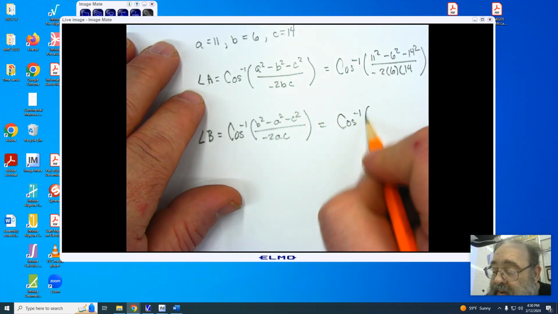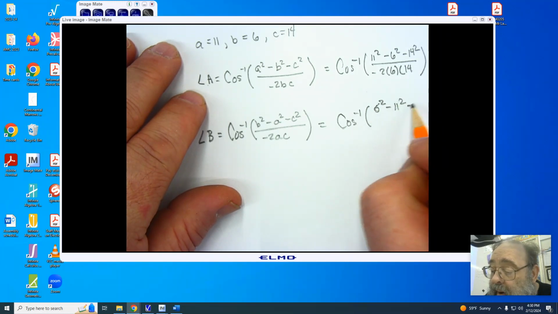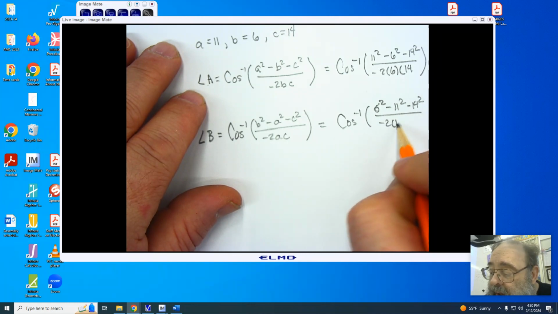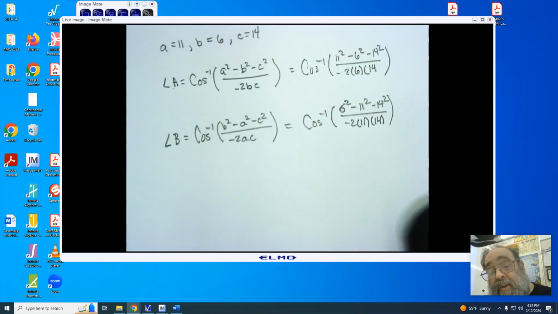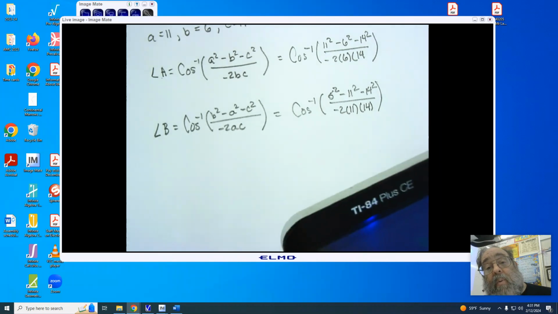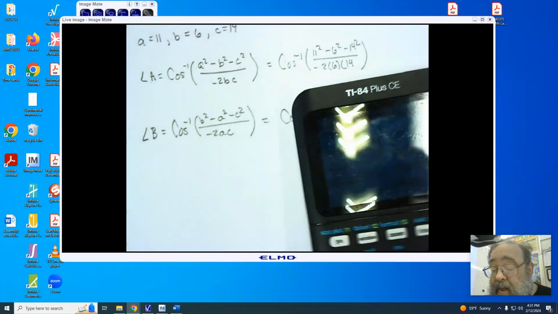We're finding B, so B goes first: 6 squared minus 11 squared minus 14 squared divided by negative 2 times 11 times 14. Notice all I did was take my formulas and solve for A and B. We're now going to put them in our calculator. Once we find A and B and store them in our calculator, we will then subtract both of them from 180 and find angle C.